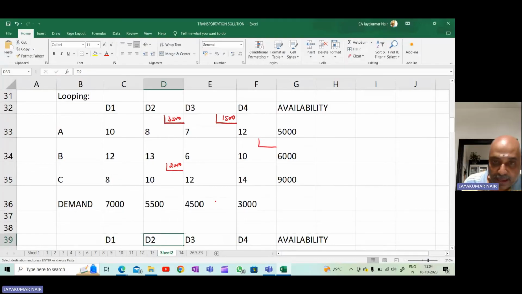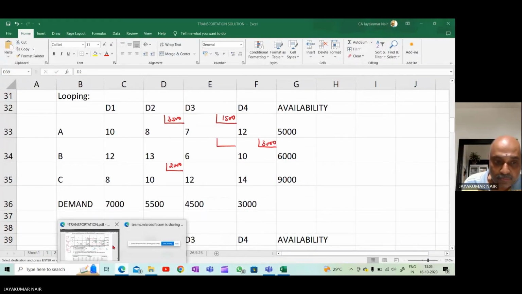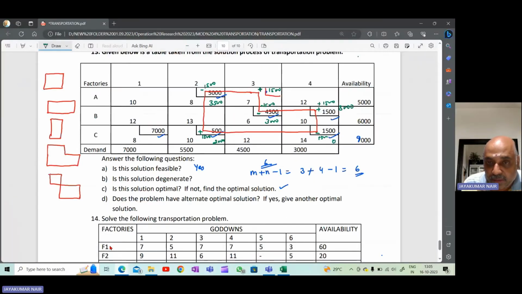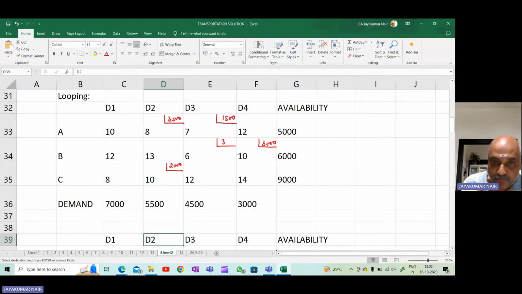And here it will become 3000. And here, what is the value? It will become 3000. So these are the new allocations. Here it'll remain 7000. So we have made some allocation here, and this is the revised allocation.